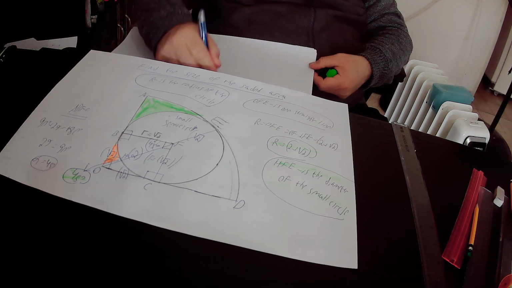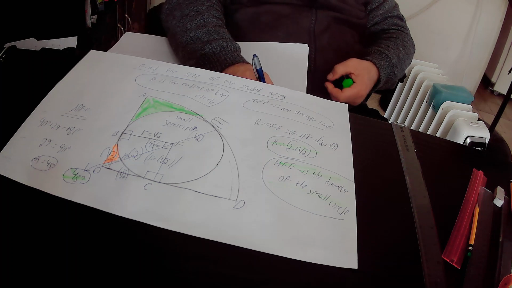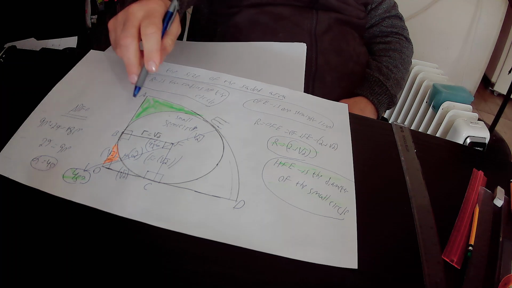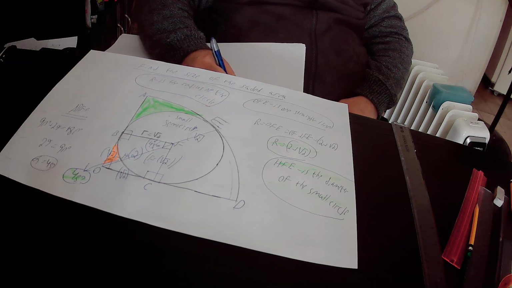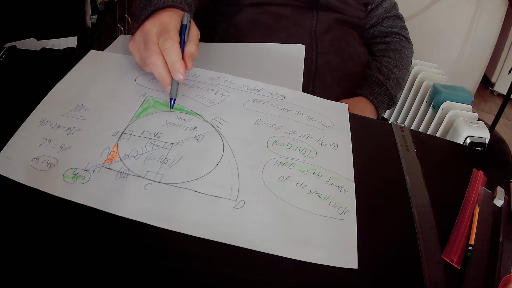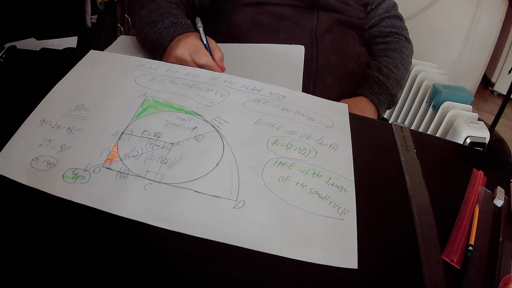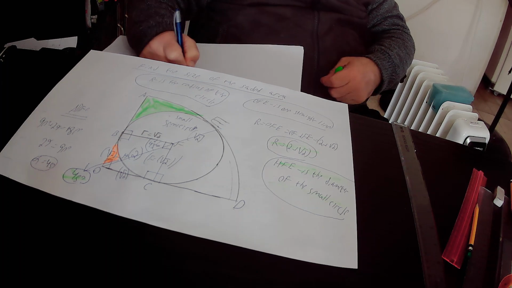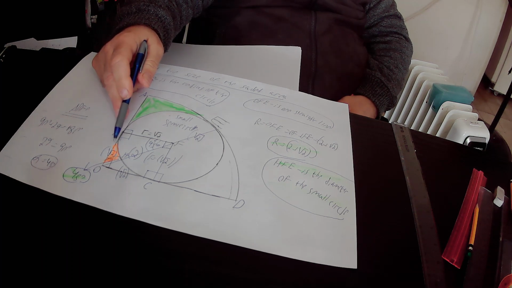Repeat again that the area of the green shape is equal to the area of the big sector AOE that we have already found out, minus the area of the small semicircle that we also have already found out, minus the area of this orange shape HBO that we have already found out.